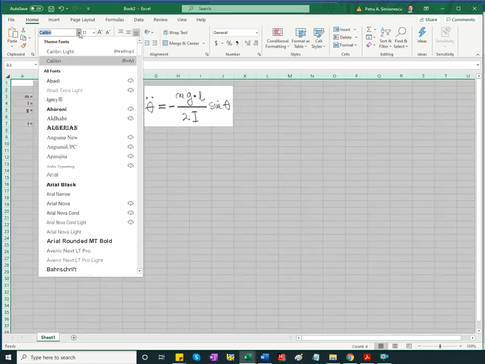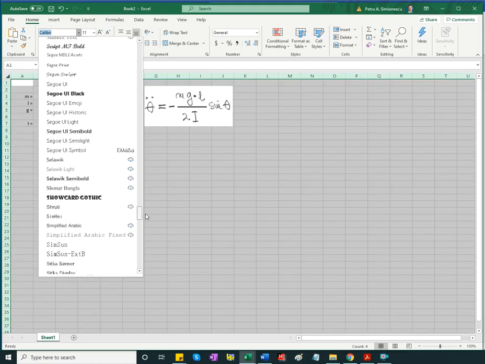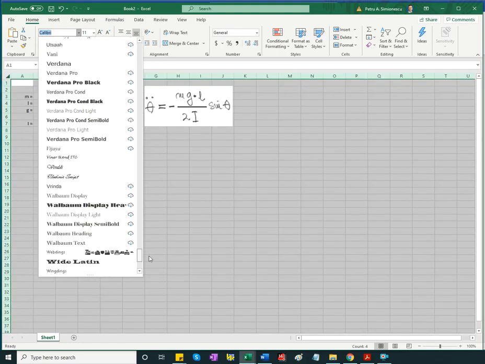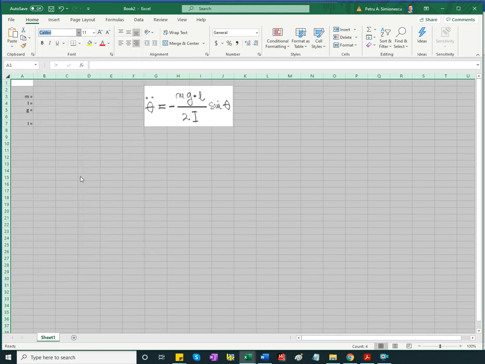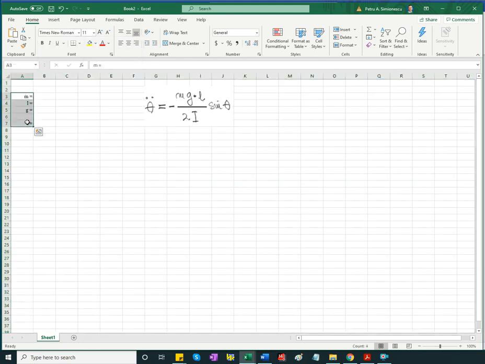Okay, so let's change this to Times New Roman, because italic they look a little bit better. So I have the mass, 2 kilograms, in units here, kilogram.